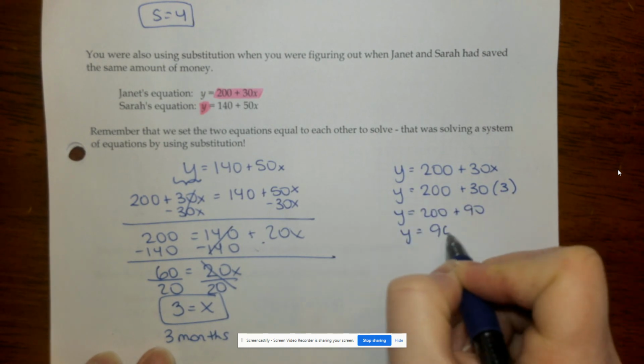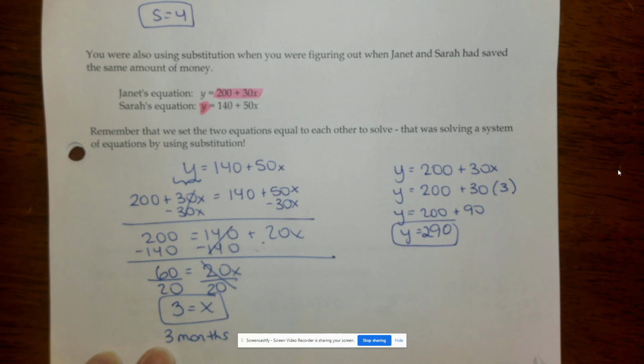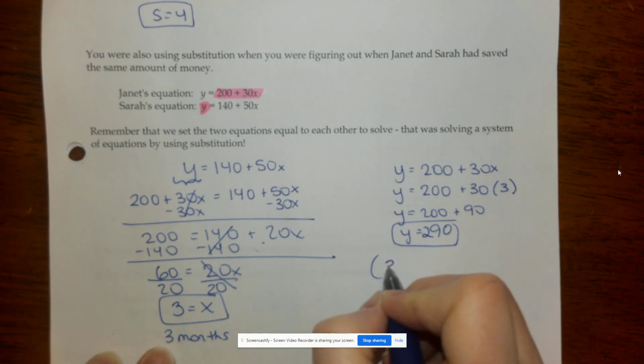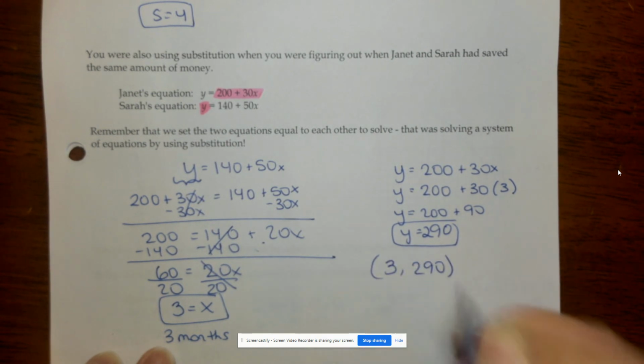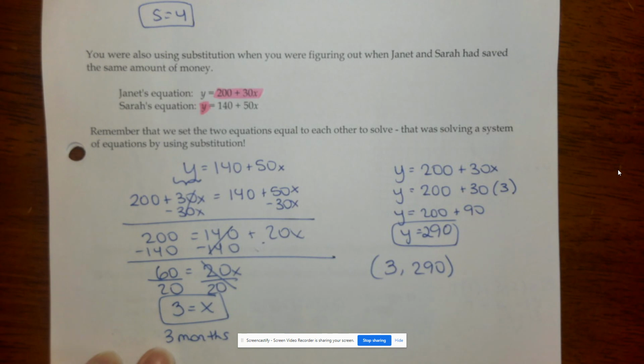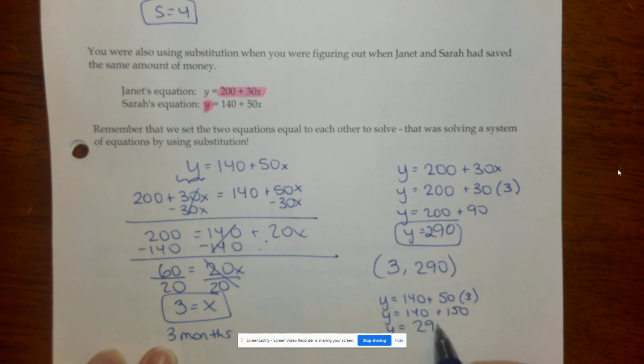After the 3 months, she's going to have $290. So our solution could be (3, 290). We can also check the other person's. Does 140 plus 50 times 3 also give us 290? And it does. After 3 months, both Janet and Sarah will have $290.